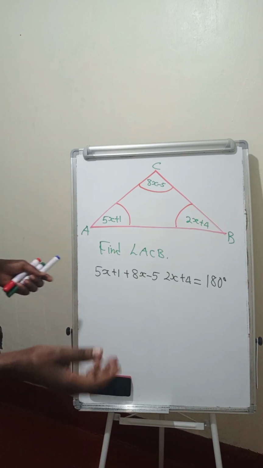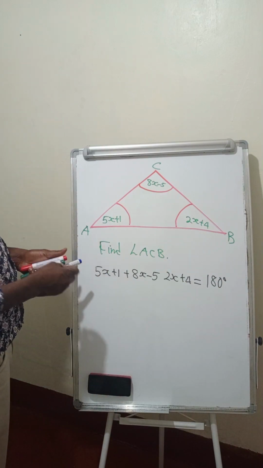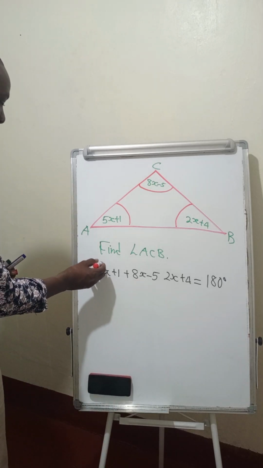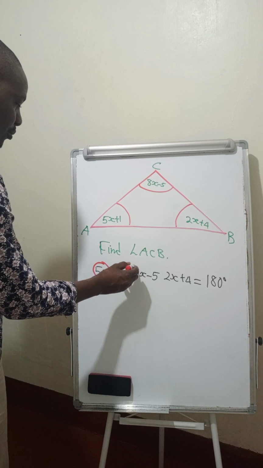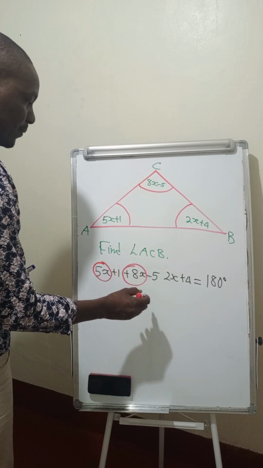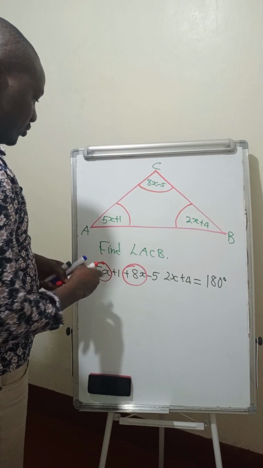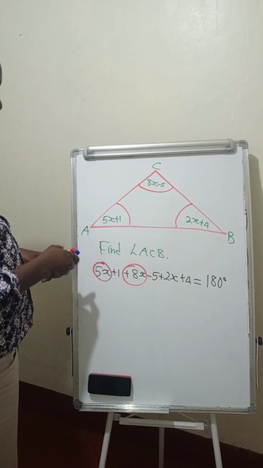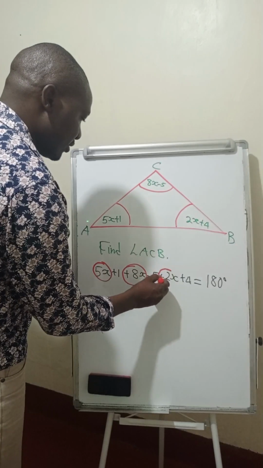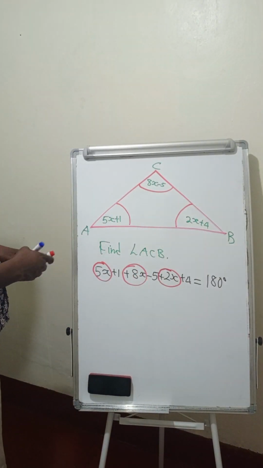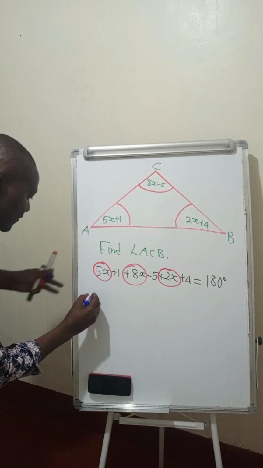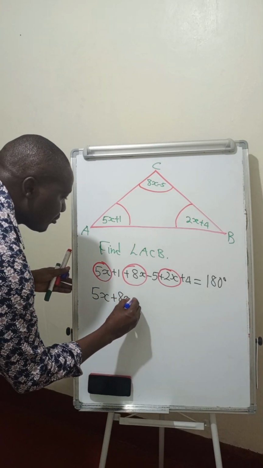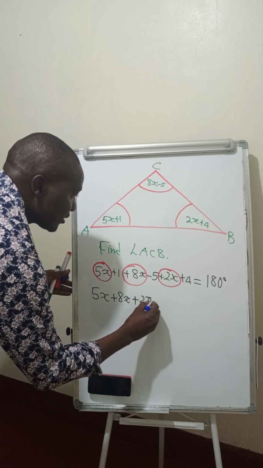Now look, collect the like terms. The unknowns, that is the x's, we have positive 5x here, positive 8x here, and positive 2x here. Put them together. That is now 5x plus 8x plus 2x.